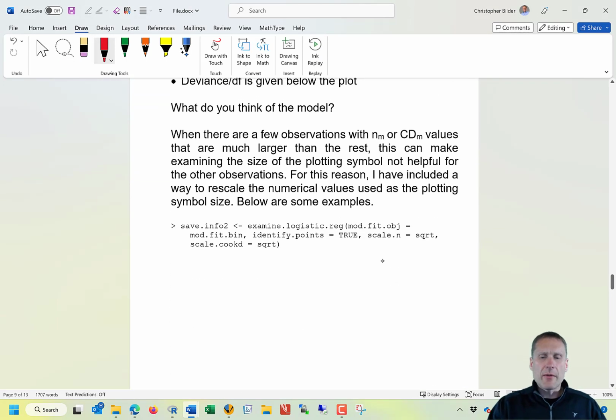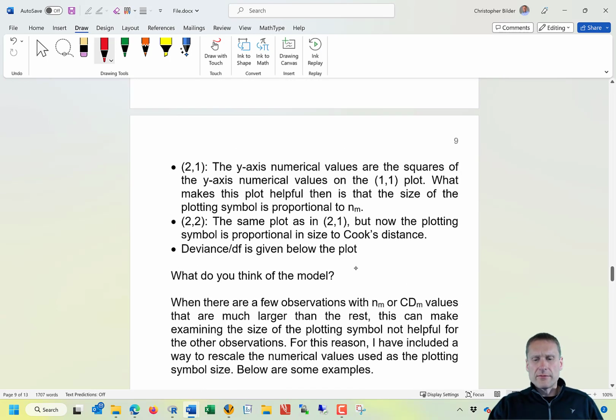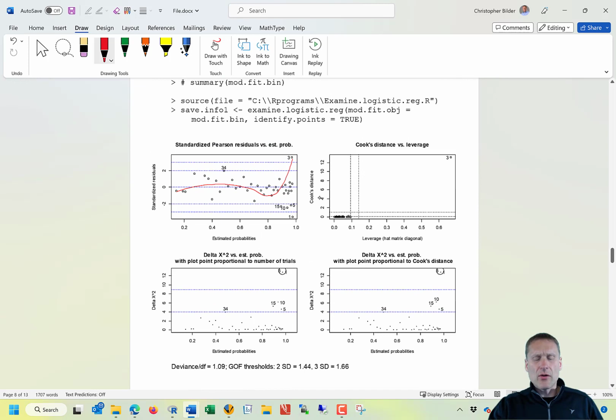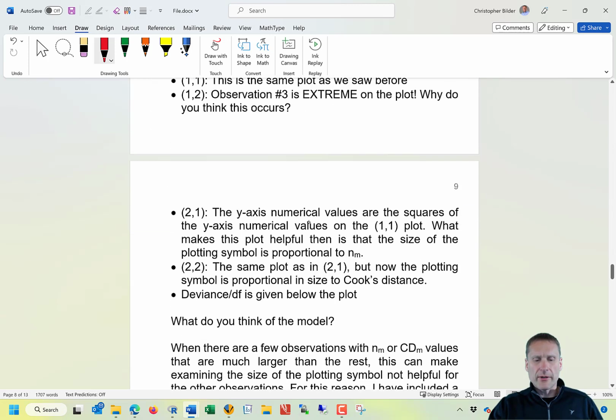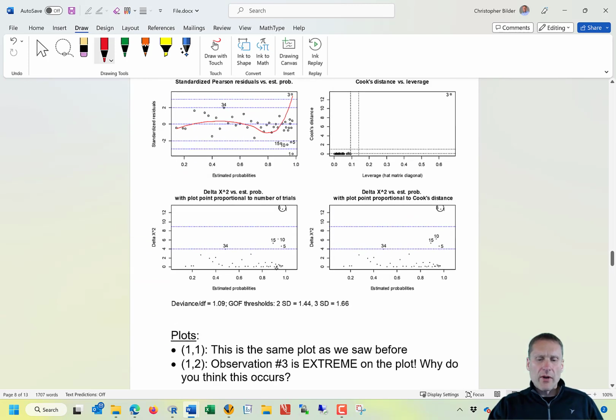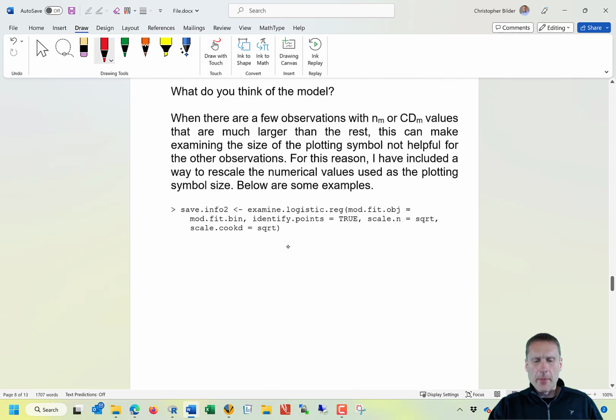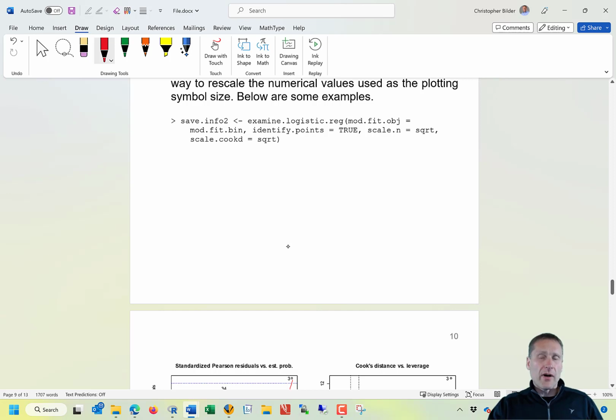So now you should be thinking, well, what do you think of the model here? Overall, things are okay, except we have a few observations that we want to investigate further. We will do that very shortly. One thing I want to point out is how small some of those plotting points are relative to that big circle for number 3. Number 3 corresponds to the 20-yard place kicks.